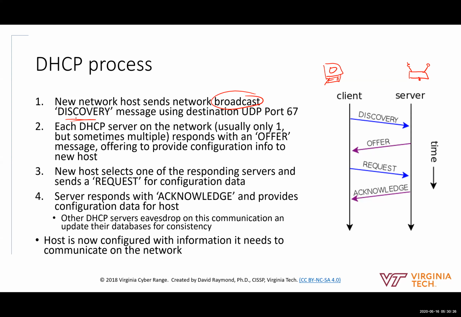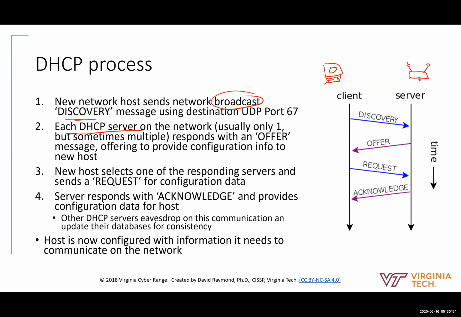That's this discovery message. And the next step is each of the DHCP servers on the network is going to respond. Usually that's only going to be one. If you do this on your home network, there's only going to be one DHCP server, and that's in your wireless access point. If you do this on a campus network, however, that message may reach multiple DHCP servers.